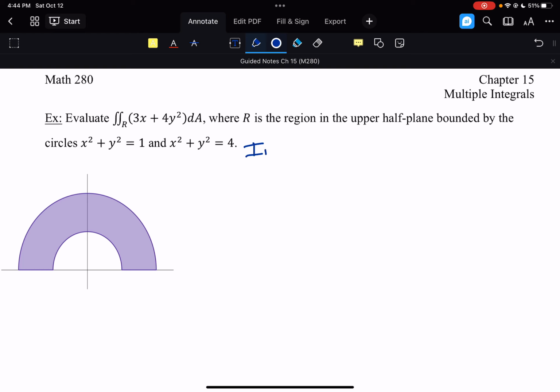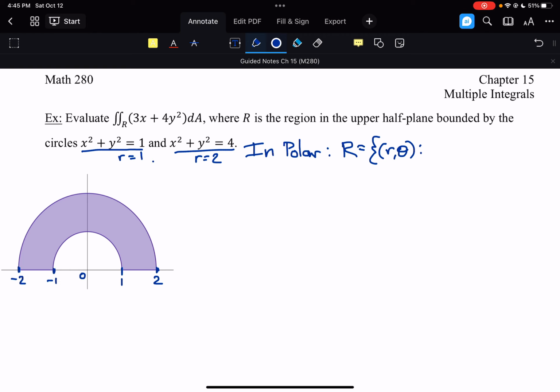So in polar, our region R is going to be the set of all points r comma theta. This is a circle of radius 1. This is a circle of radius 2. So we go 1 to 2. This is 0, so this would be -1 and -2.